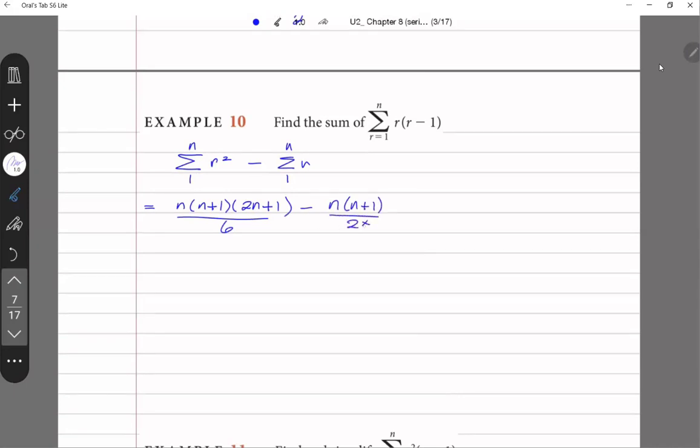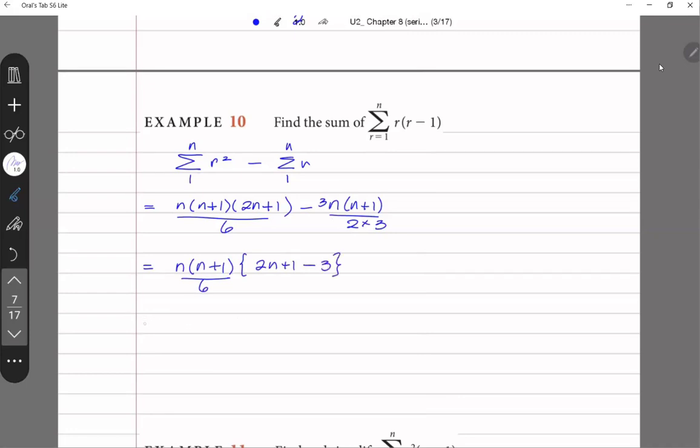If I multiply the top and bottom over here by 3 and factor out n into n plus 1, I'm going to get n times n plus 1, factor that out inside the bracket over 6. We're going to have 2n plus 1 minus 3.